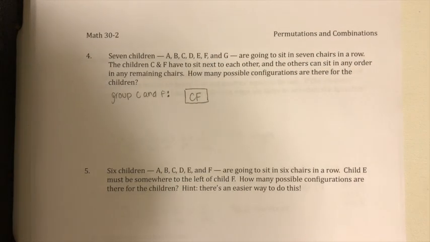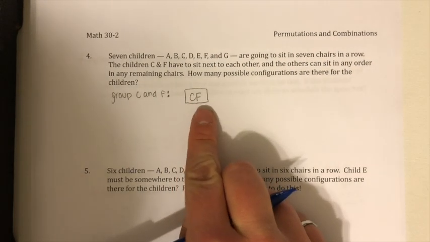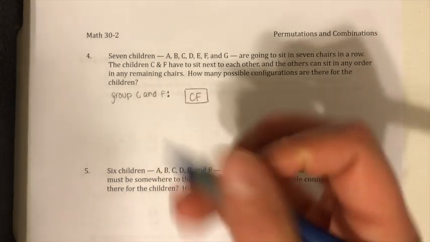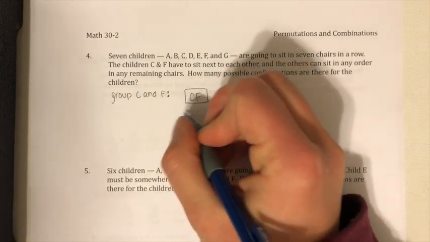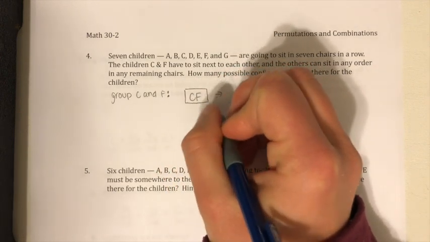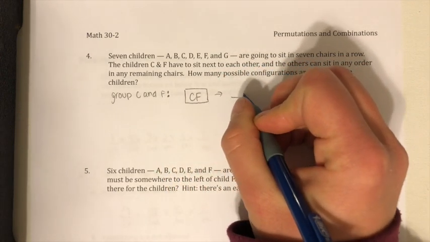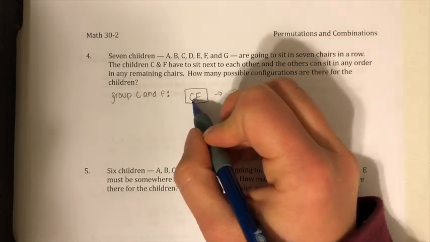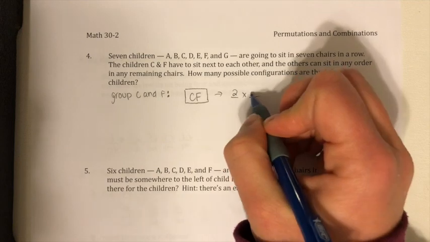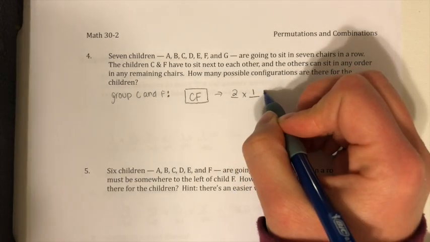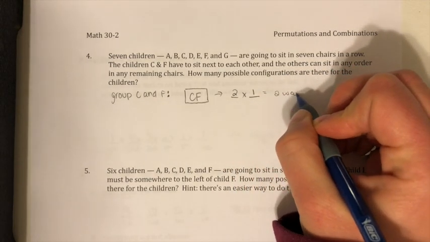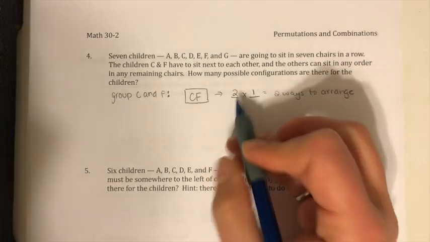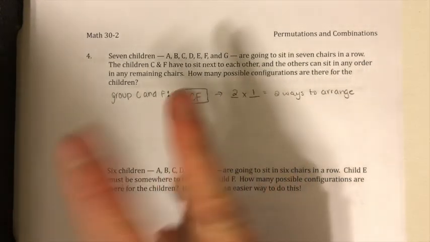So C could sit on the left and F could sit on the right, or they could swap spots. Okay, so in just this little tile that now C and F are part of a package deal, they live together in this little package, there's 2 people who could sit in the first spot, and then whoever's left over gets to sit in the second spot. So there's 2 ways to arrange just these 2 people, right? Because we could flip where they are.